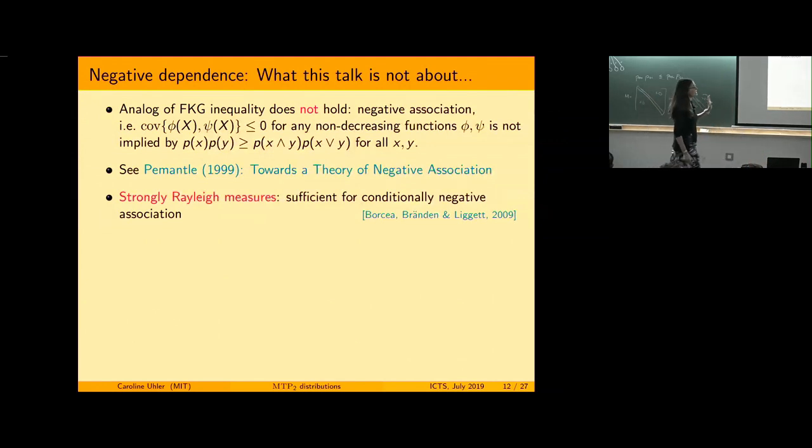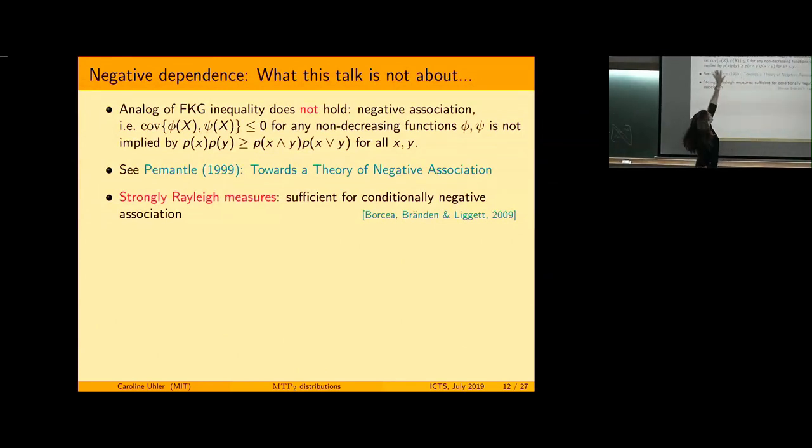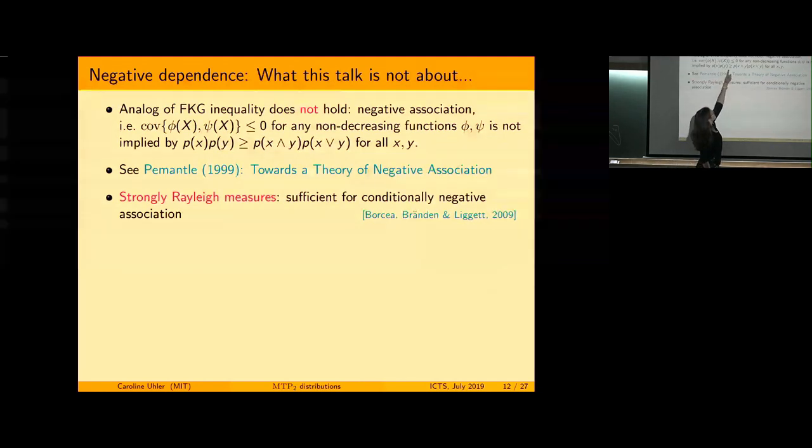And why is it the case? Because something interesting happens. Negative association, I define it in the same way, right? The covariance for any two non-decreasing functions is smaller or equal to 0. So now we could hope for the same as MTP2, right? MTP2 implies positive association. Well, maybe I could just turn around this inequality for MTP2, to have larger or equal to 0.